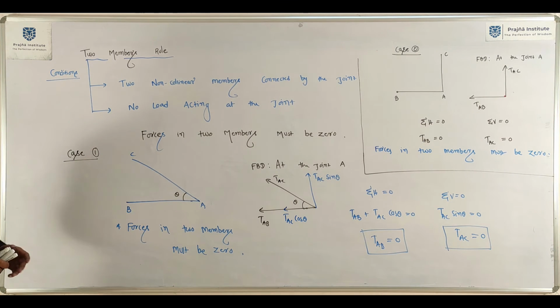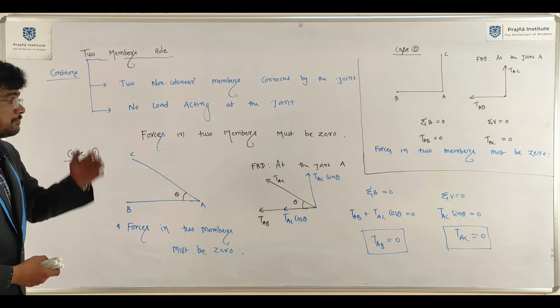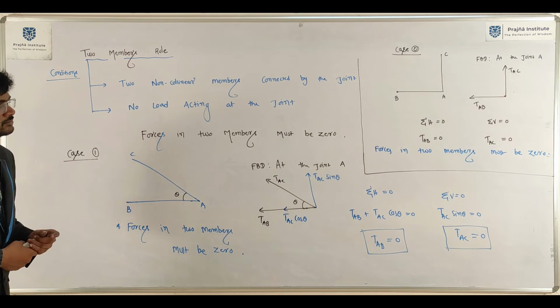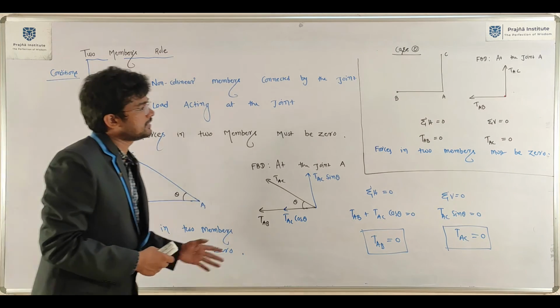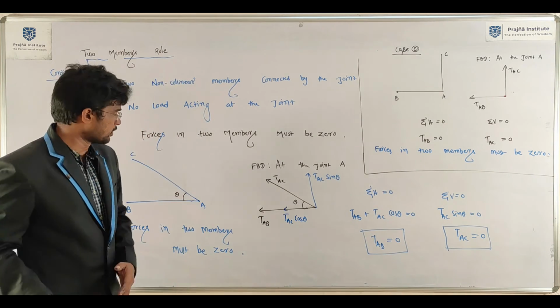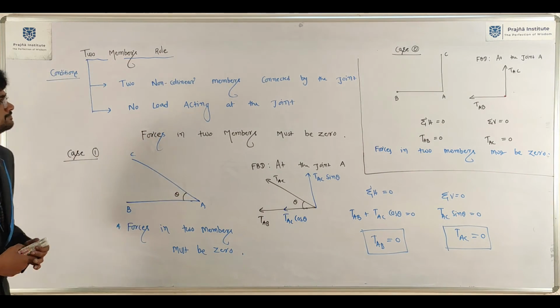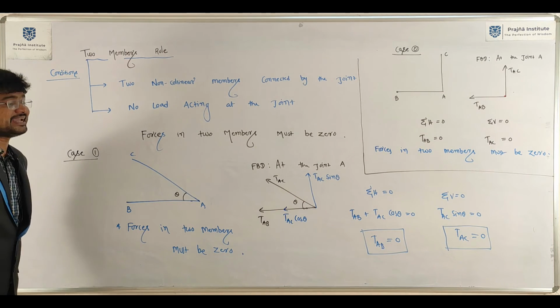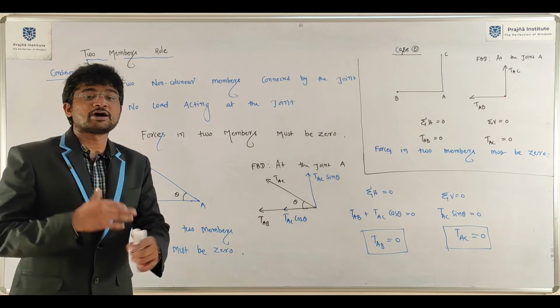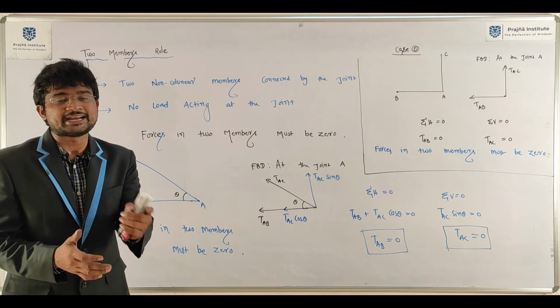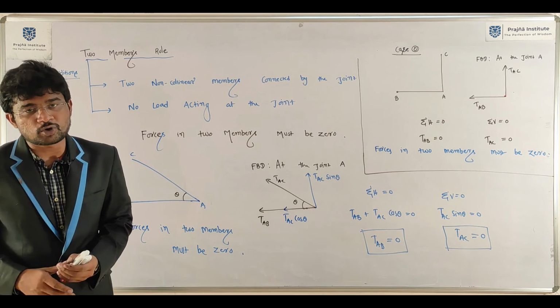So this is called the two members rule. These two are non-collinear members, and we have drawn the free body diagram at this point. Just take care of the three members rule and the two members rule. Whenever a roller is present, try to draw the free body diagram at the roller.